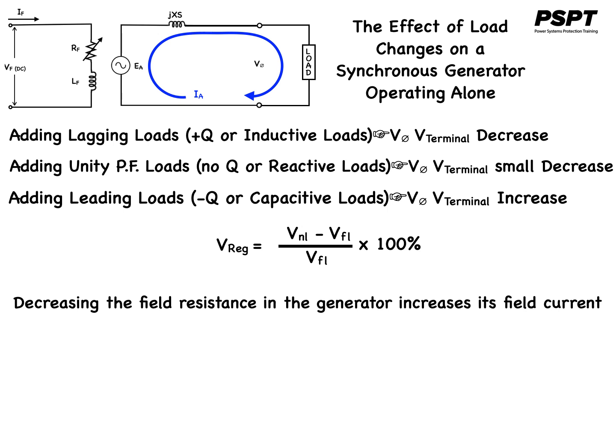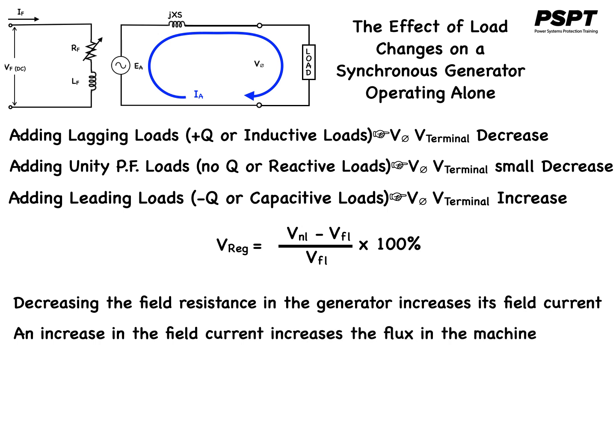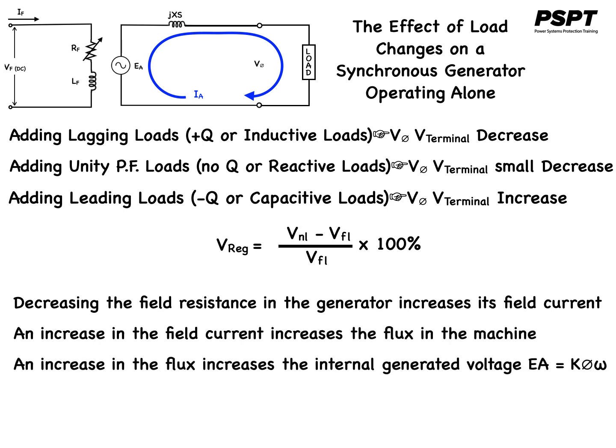Decreasing the field resistance in a generator increases its field current. An increase in the field current increases the flux in the machine. An increase in the flux increases the internal generated voltage EA, which is equal to K phi omega.